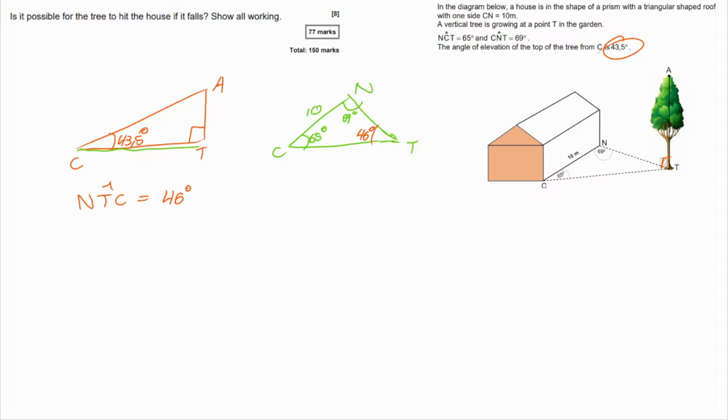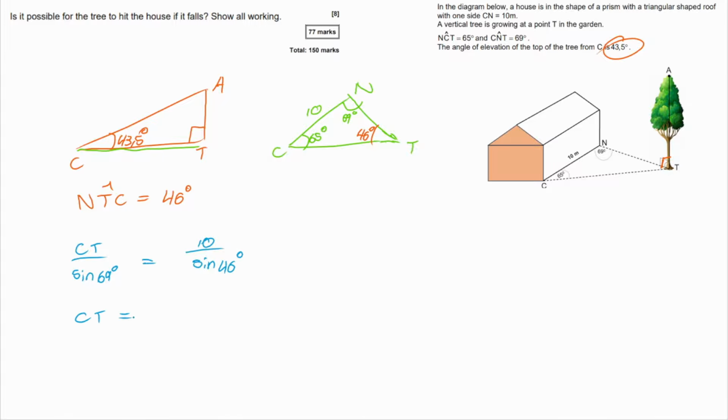So what I can do now is the sine rule. CT over sine 69 is equal to 10 over sine 46 degrees.